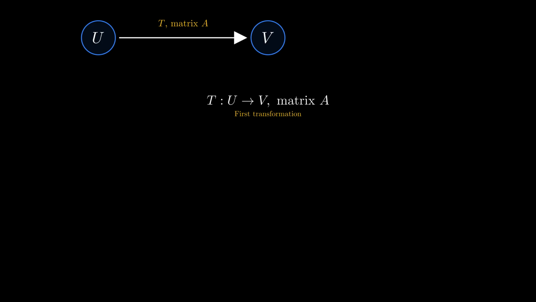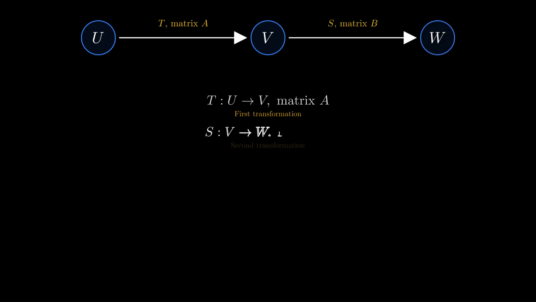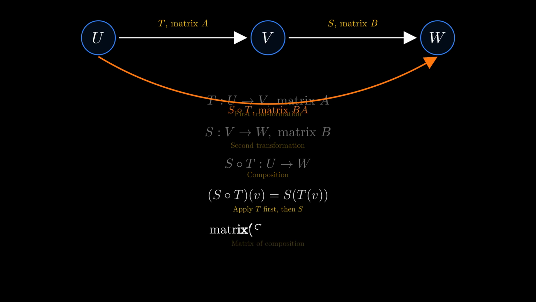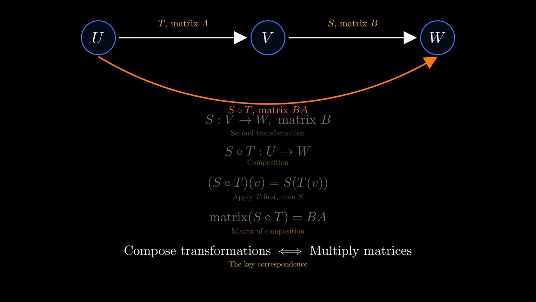Here's the payoff. The column rule tells us why matrix multiplication is defined the way it is. Suppose T goes from U to V with matrix A and S goes from V to W with matrix B. The composition S after T sends each input first through A, then through B. The matrix of the composition is B times A. Composing transformations is the same as multiplying matrices.